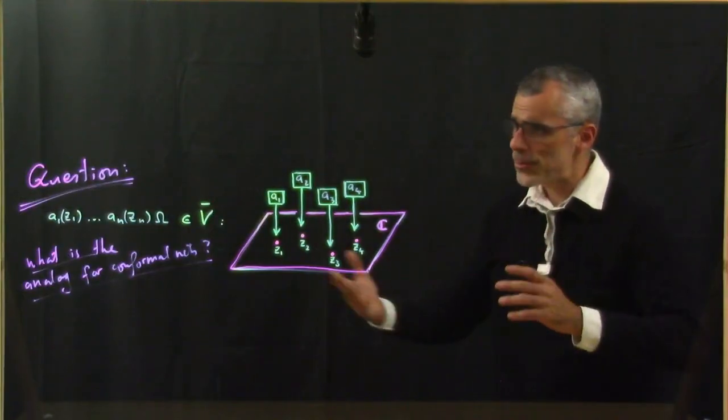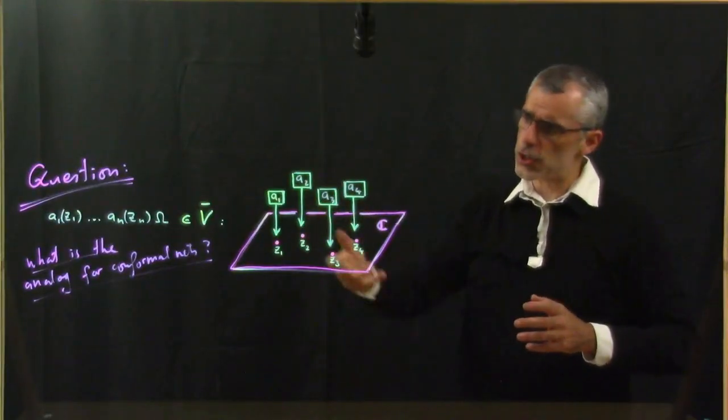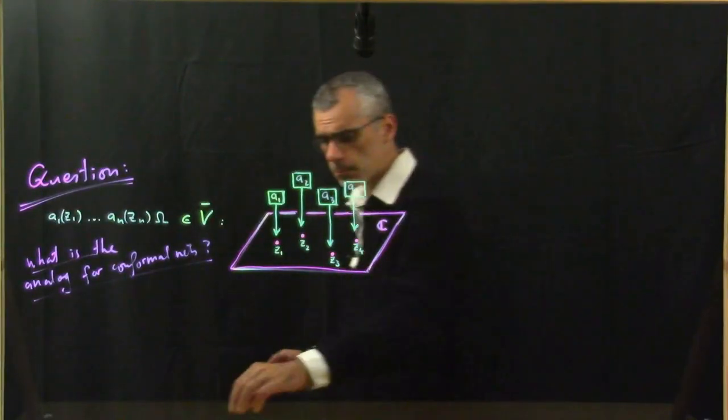I would like to ask a question, which is, what is the analog of these field insertions for conformal nets?